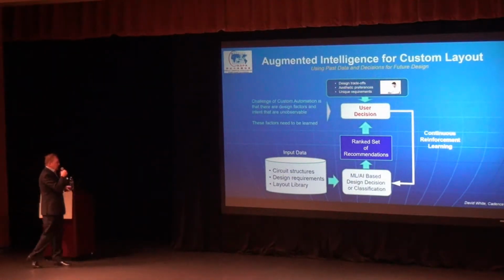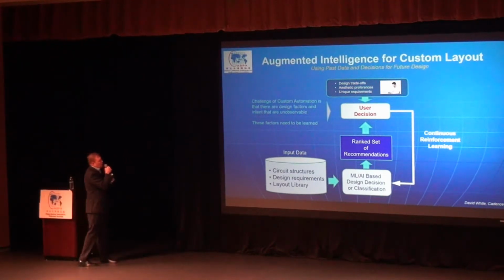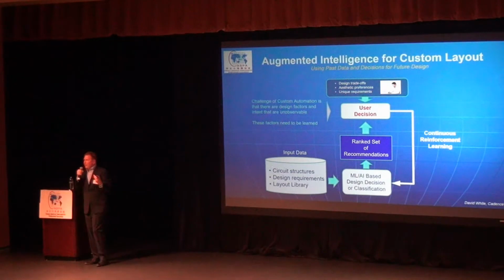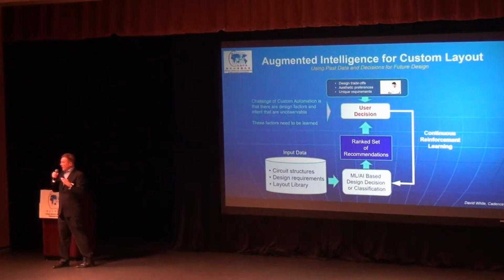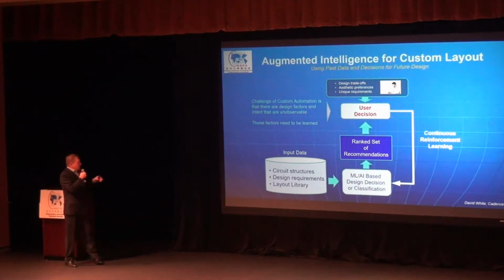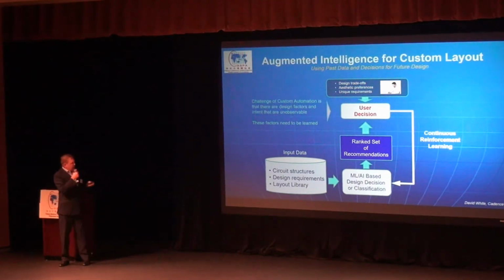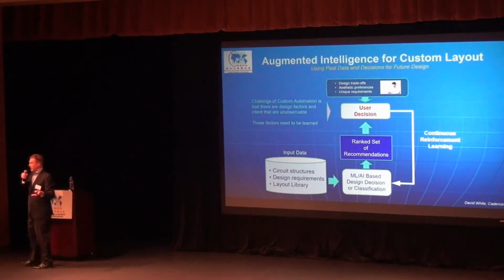So this flow shows how augmented intelligence works. Let's start with the data we have. I work with the Virtuoso product, and in Virtuoso, we have circuit structures. We know what kind of circuit structure we're designing from your schematic design. We have the design requirements. And we also have a library of prior layouts for a given designer or a design team.